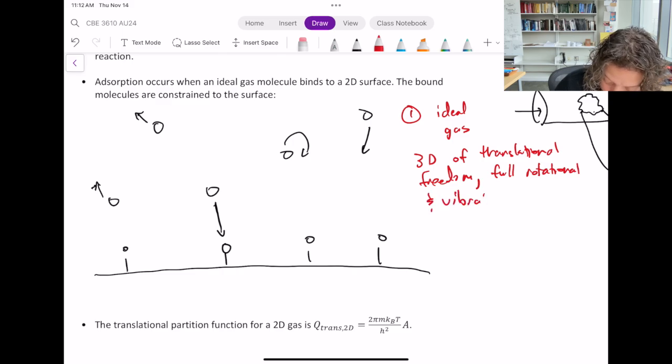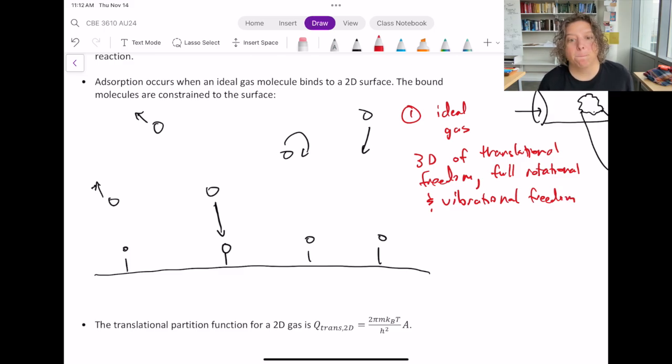And now that we have gone through the pchem crash course, we know what we mean by that. So it has the full rotational mobility based on the moments of inertia in the molecule. It has full vibrational mobility based on the different bonds within the molecule and the different degrees of freedom. Our second phase is going to be this adsorbed phase.